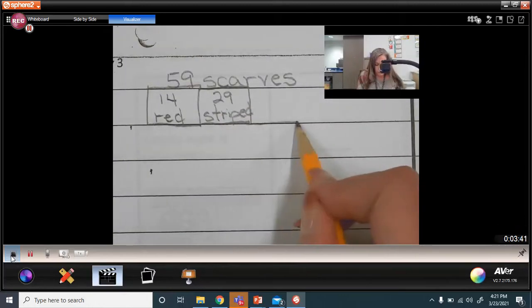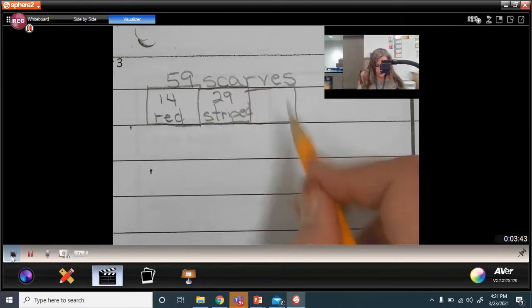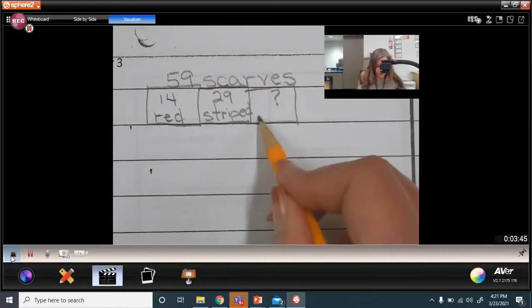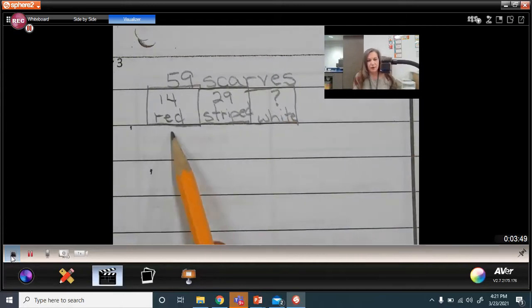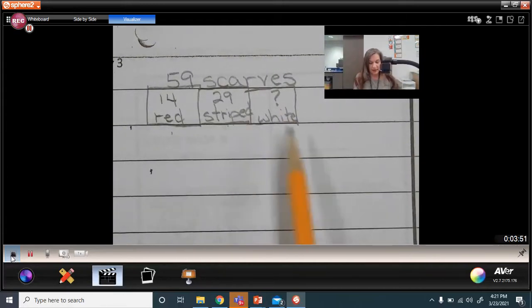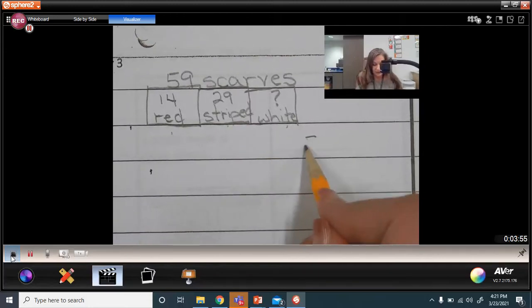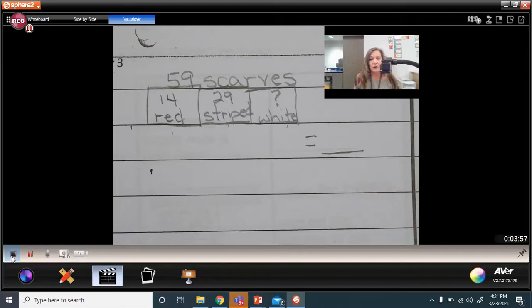And we don't know how many are white. So this is a part, this is a part, and this is a part. But we're missing a part. And what that tells us is if we're missing a part, we're going to subtract.